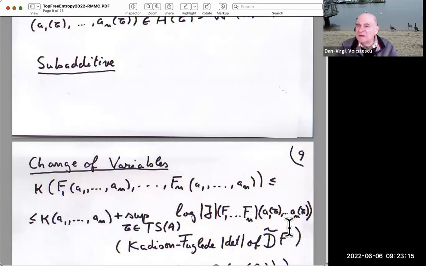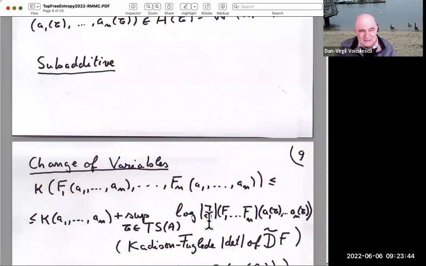Then this Jacobian matrix has a Kadison-Fuglede determinant. So you take the absolute value of the matrix, the square root of the matrix times its star, then take the logarithm and the trace of this. You exponentiate it afterwards. That's the Kadison-Fuglede positive determinant. And here one has the logarithm of this Kadison-Fuglede positive determinant.